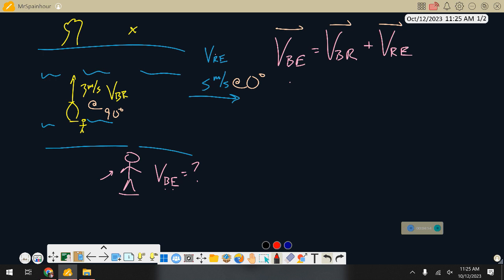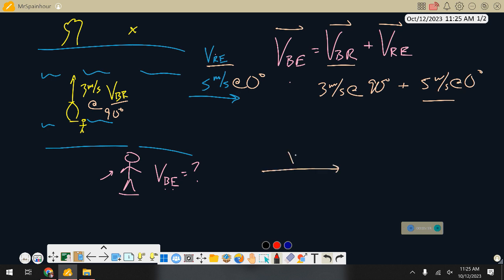So now I can take the vector BR, which is 3 meters per second at 90 degrees, and add the vector 5 meters per second at 0 degrees. Now, if we just sketch this, I'm going to start with this one right here. Okay, here is the velocity of river compared to Earth.